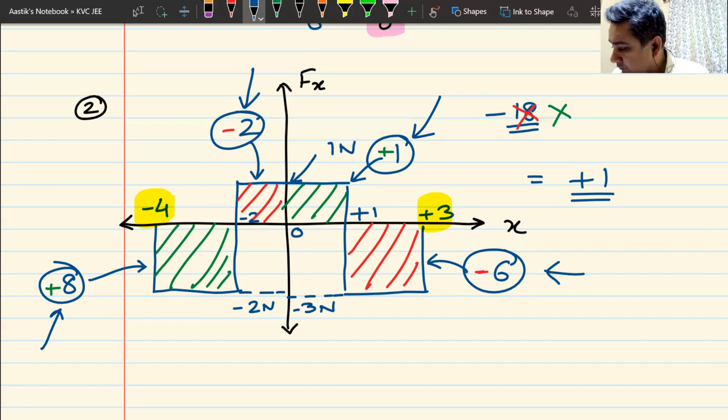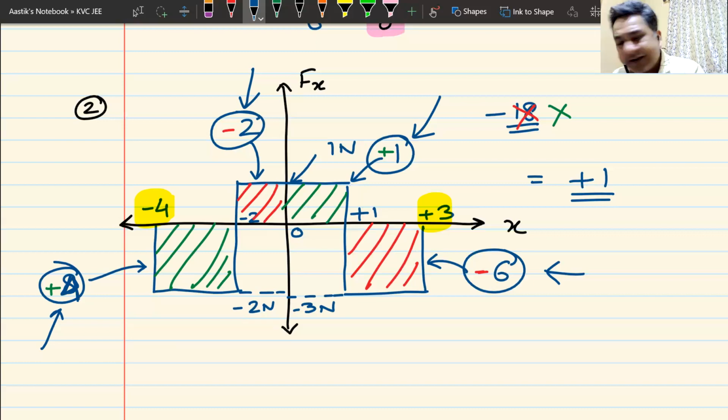-4 minus of -2, the body will cover only -2 distance, no sir? Why did you take 4 into -2, sir? Where? Beta, 4 into -2. I have to find out the... oh, okay, 2 into 2, 8. Sorry, 4. I multiplied wrongly.